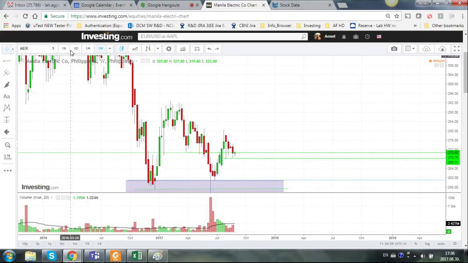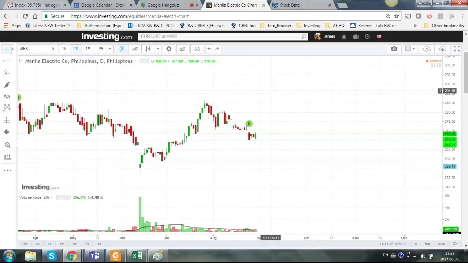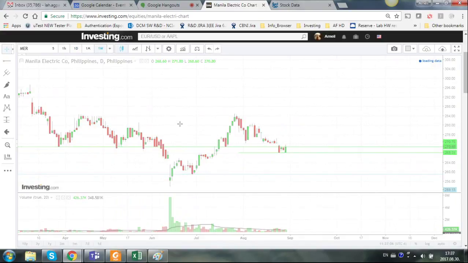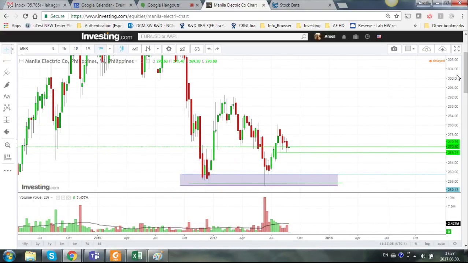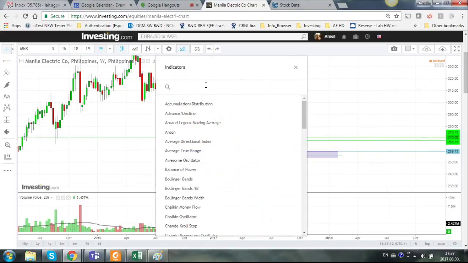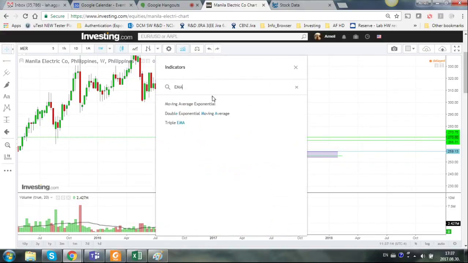But itong ginagawa natin is just a theory. Pero ano ba yung confirmation? We can confirm that using other indicators like EMA.